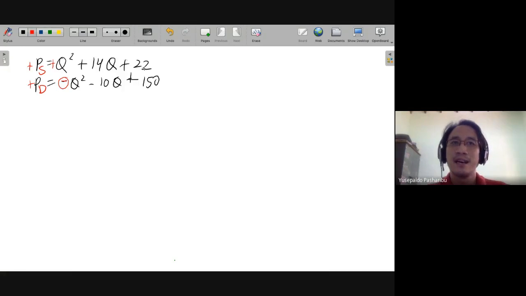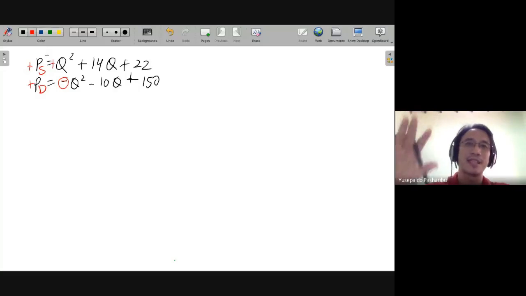If they are on one side only and the signs are the same, you can say that it is a supply function. So you have to separate the side of price and quantity first, and then see the sign.